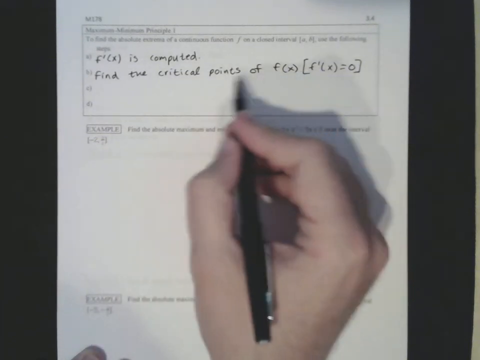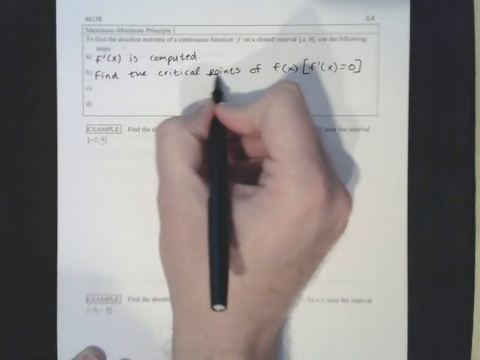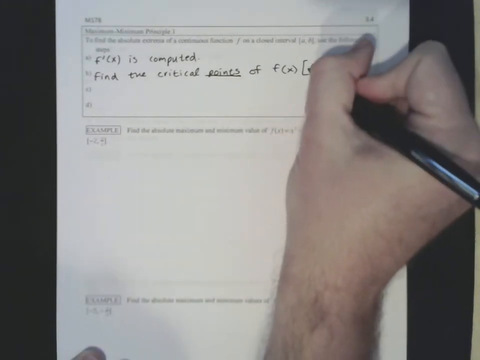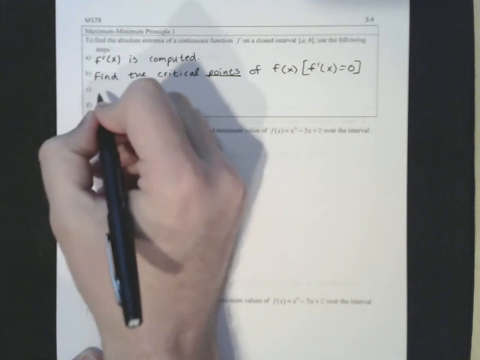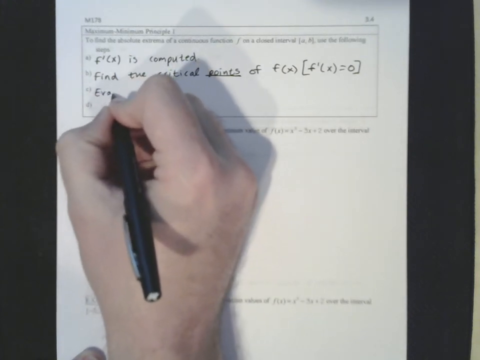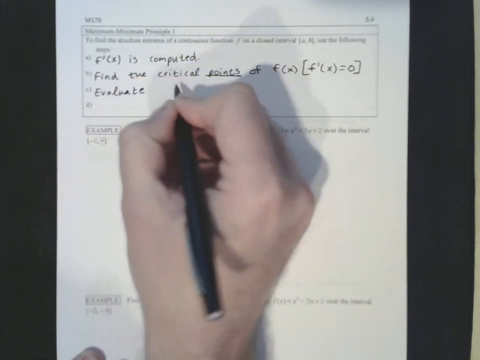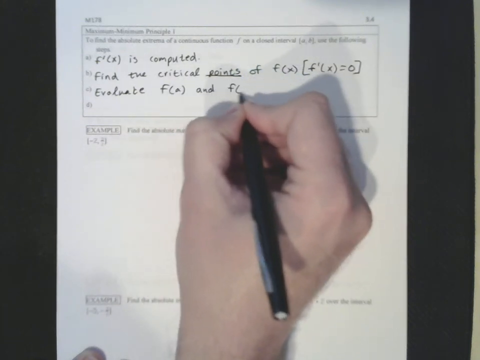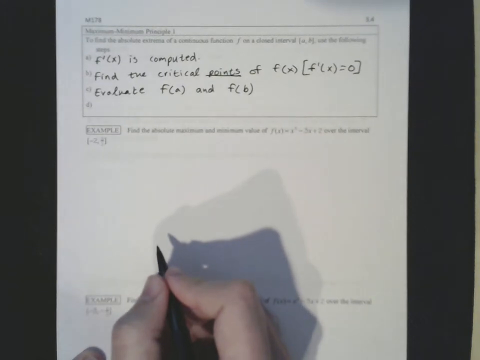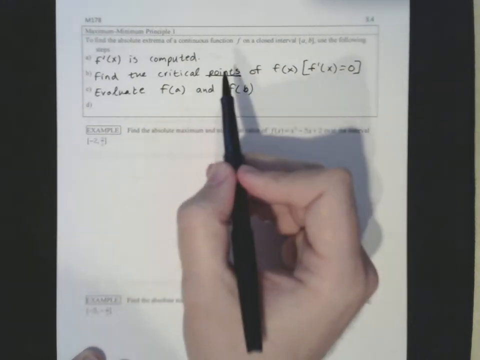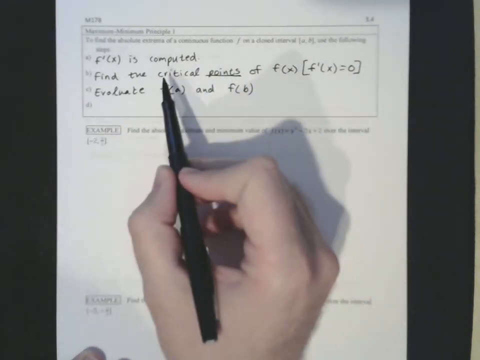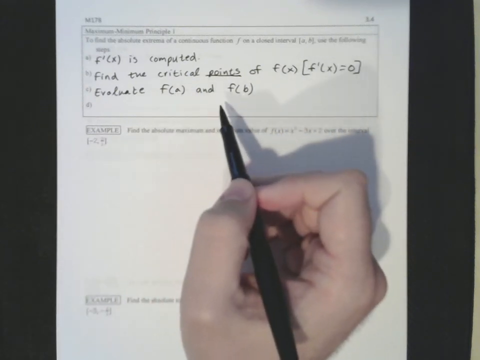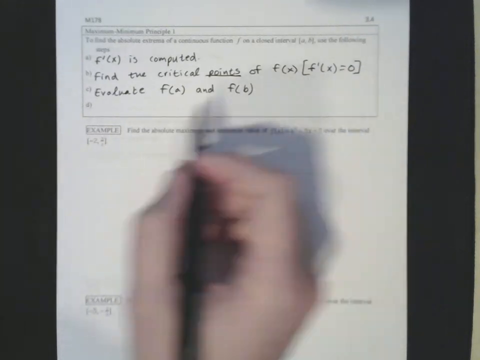Then, once you have your critical points, and remember, we're talking points, so this is the ordered pairs, the x comma y's, we evaluate f of a and f of b. So now you'll have y values for all your critical numbers and y values for the ends of your interval.